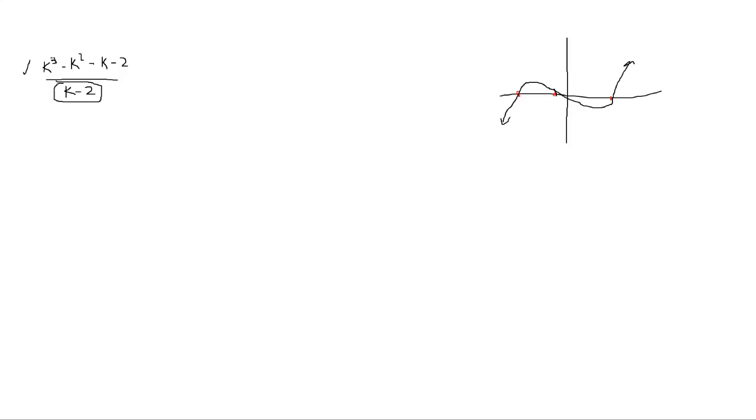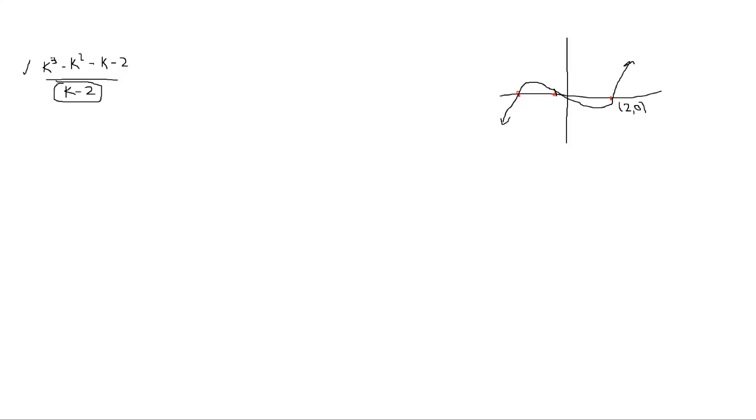Well, if k minus 2 is a factor, then that means that positive 2 would have to be a 0, right? In other words, positive 2 on the graph would have to give you a 0 value for y. So let's let that sink in because this is very important. Again, the question would be worded something like this: is the given binomial, now binomial has two terms, so that's obviously the one in the denominator here, a factor of the given polynomial?